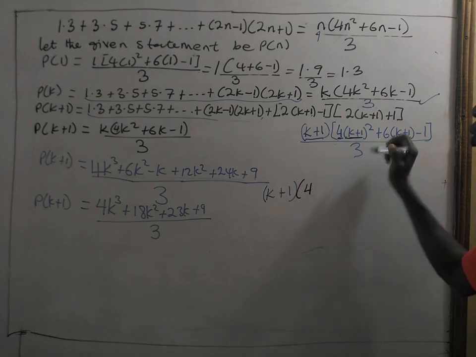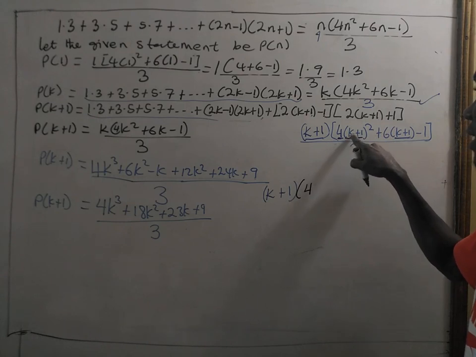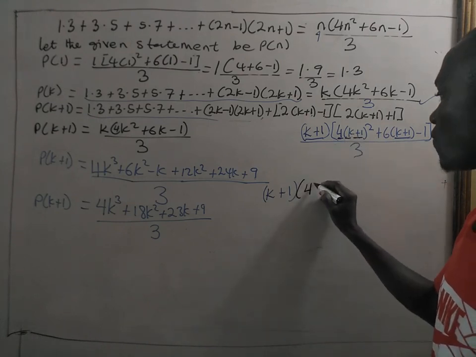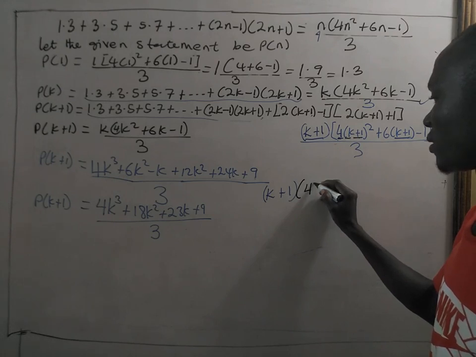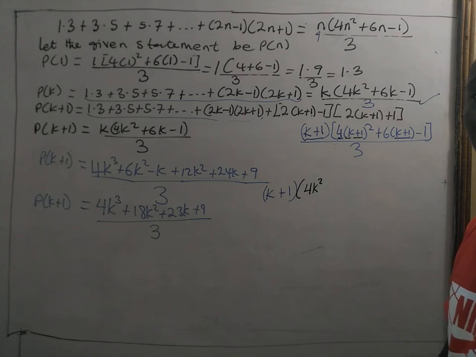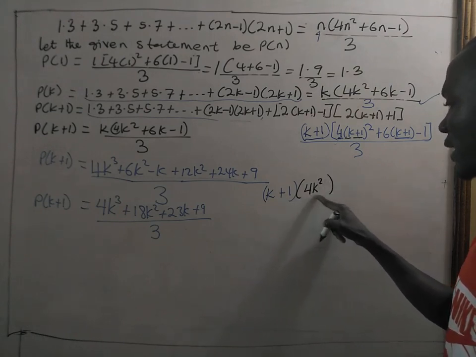I need k squared because here you see that this is k plus 1 all squared. So, at the end of the day, k will be squared. So, let me write 4k squared. And then expand this.